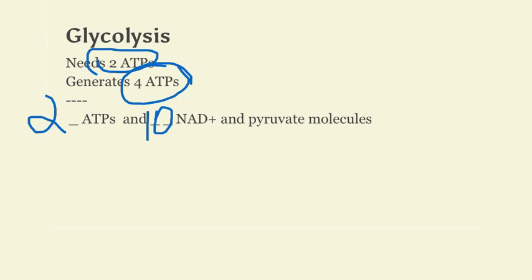Even though our ultimate goal here is to make the ATPs, the NAD pluses are really what's going to help us make the ATP down the road. So at first this doesn't seem like a very efficient system. You have to spend 2 to get 4, so you're only getting 2 out of the deal. You still come out ahead, but not as much as you'd like.